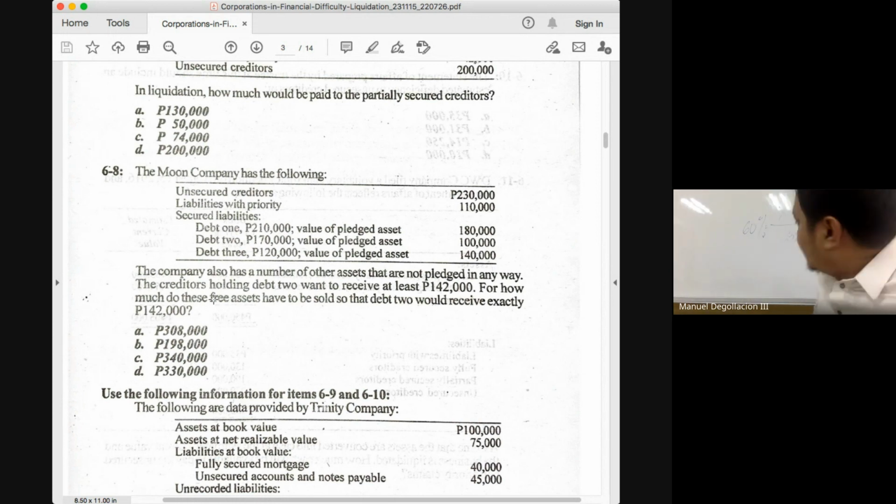Even though I only want you to remember one thing for the denominator, in this case we'll have to do it twice because we have two kinds of partially secured. What's the second type of partially secured? It's debt number 2. And how much was the unsecured portion? 70,000.